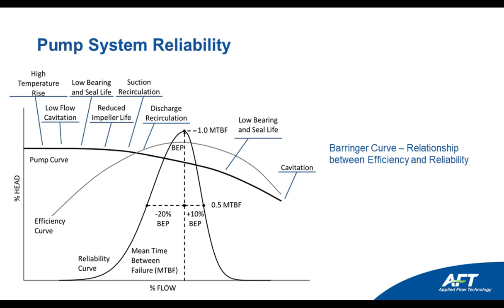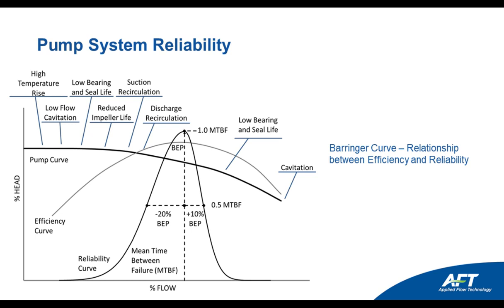Now, there's a lot of information here on this pump curve, and let's focus on things a piece at a time. So the first thing that is plotted here is the pump curve. It's a typical pump curve where the head versus flow and efficiency versus flow are plotted together, and so you can see those as the pump curve and the efficiency curve.